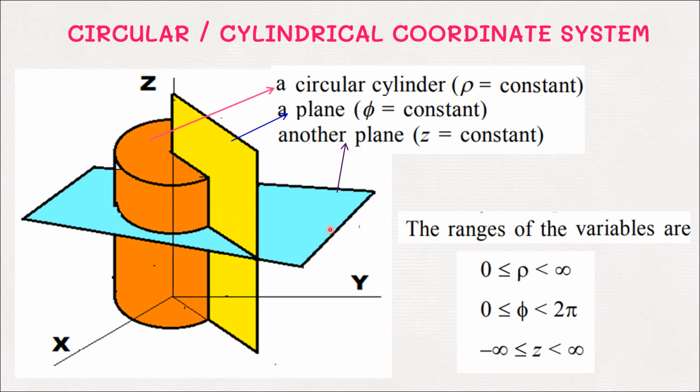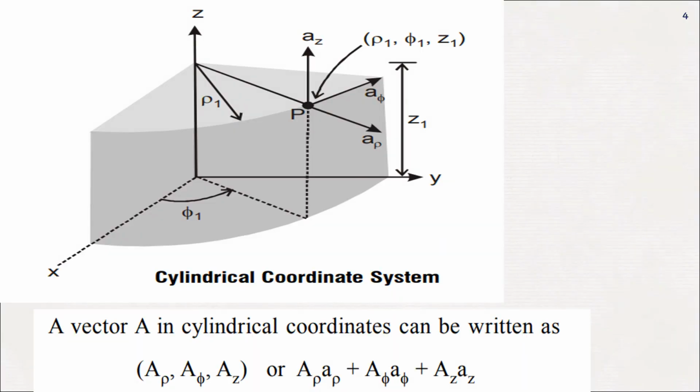Now what is this plane? Plane z. This value of z can vary from minus infinity, it can be placed anywhere between minus infinity to infinity. That's the range of z. Any point P, as I told you, is going to be the intersection of these three surfaces.